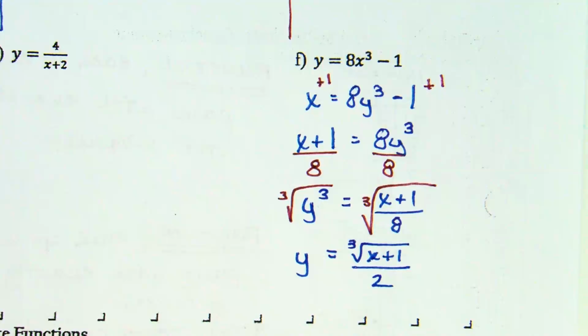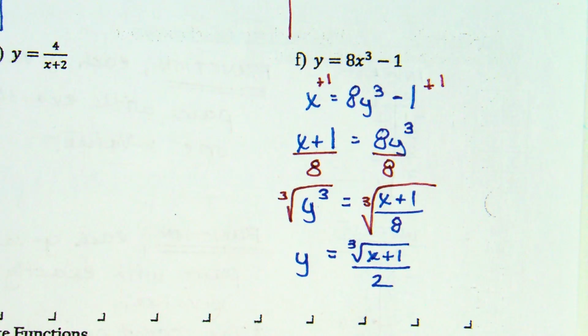Okay. Now, just because I want to make you guys think about it. When we take a square root of both sides, what do we have to put in front of that right side? Plus or minus. I just took a cube root.